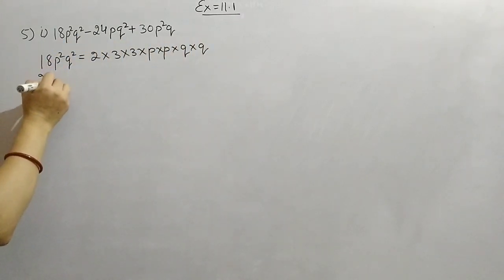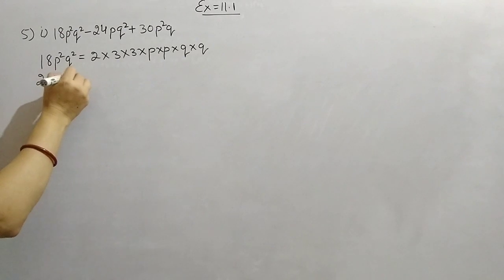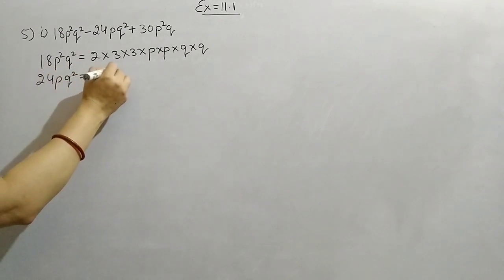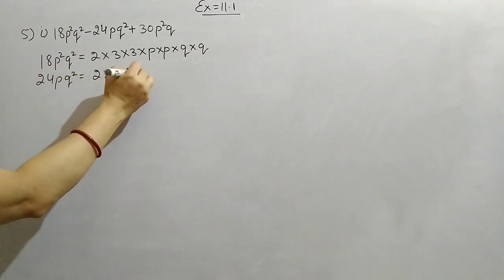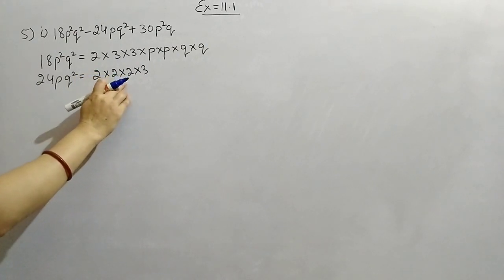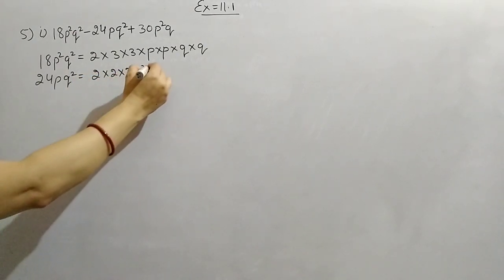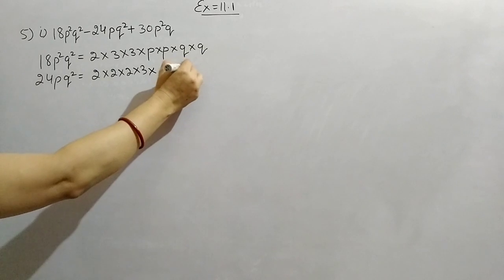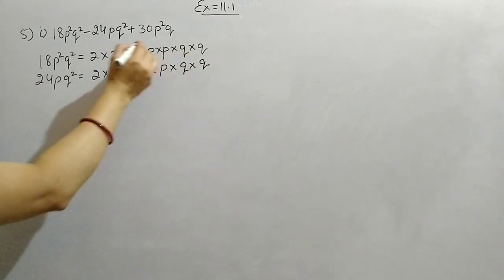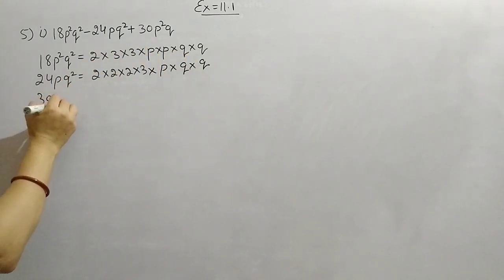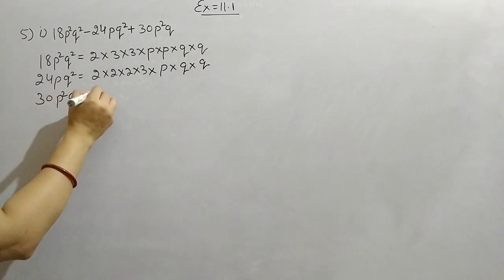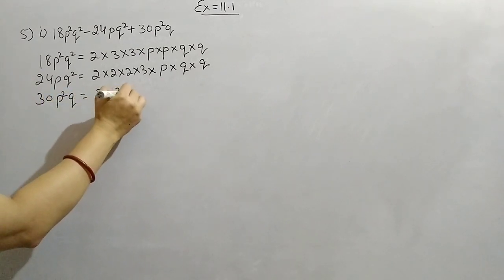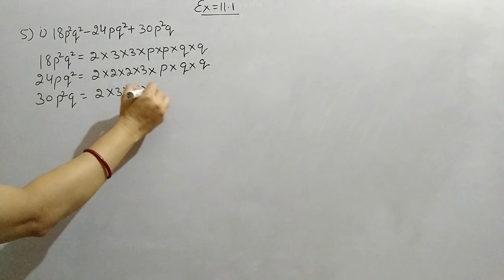Second, we have 24pq square. 24 we can write 2 into 2 into 2 into 3, into p into q into q. Last term we have 30p square q, which we can write 2 into 3 into 5, 2 3 is 6, 6 5 is 30, into p into p into q.